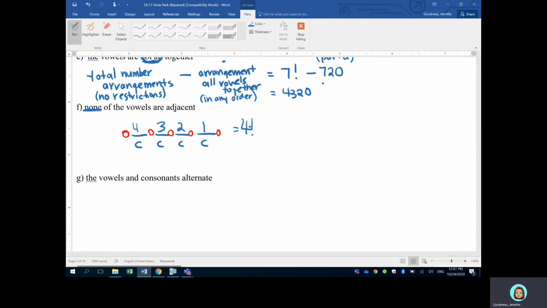We have 5 spots that we can put those vowels in, but we only need to use 3 of them. So to calculate the number of arrangements of the vowels, we write 5 P 3, because we are arranging 3 of the vowels. So 4 factorial and 5 permute 3. And because we're using the fundamental counting principle, we are going to multiply those 2.